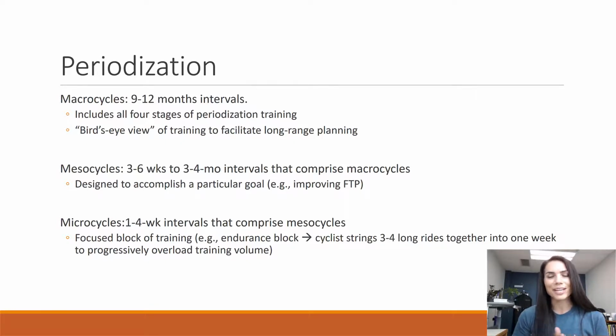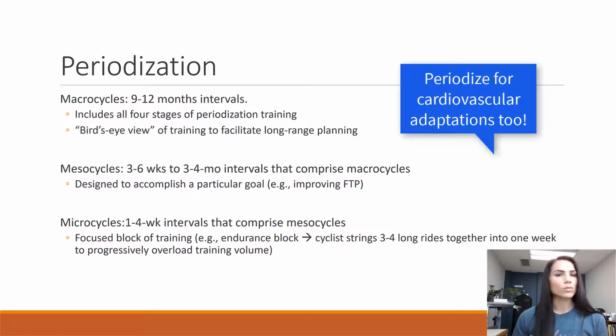So for cyclists, right, they're going to look at their watts, which is a measure of power, and they're going to try to see how much they can sustain within that hour. So this is an example of a specific goal that you would include in your mesocycle. Okay, and I wanted to give you a cardiovascular example because I think a lot of times when we think about periodization, we only think about resistance training, but periodization is used in endurance athletes as well. So it's important that we kind of think about that.